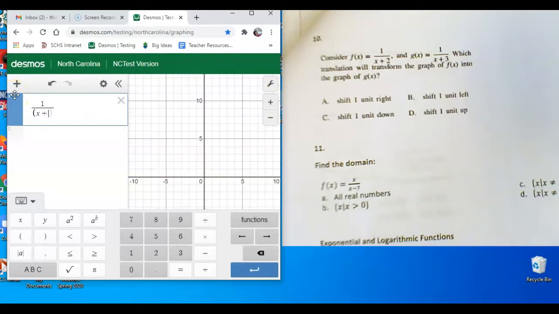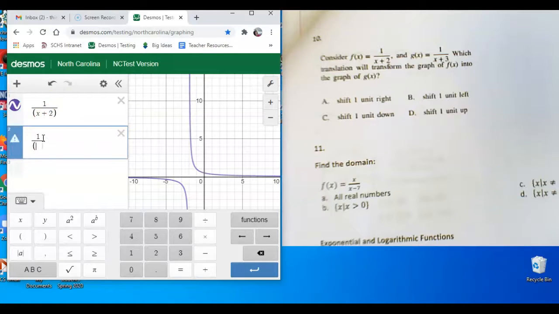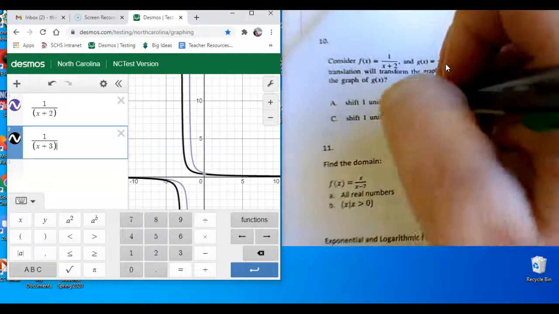It might look kind of crazy because these are rational functions, but I bet we can figure it out. I'm moving the purple to the black. It looks like it's just shifting to the left. Everything says 1 here, so it looks like we're shifting to the left 1. And that makes sense because we're adding another value on the bottom, and adding a value shifts it to the left.